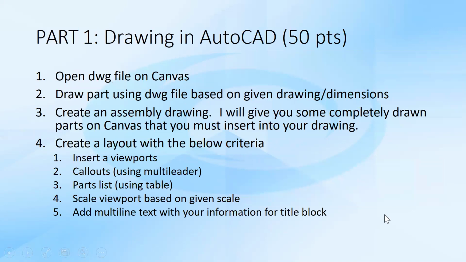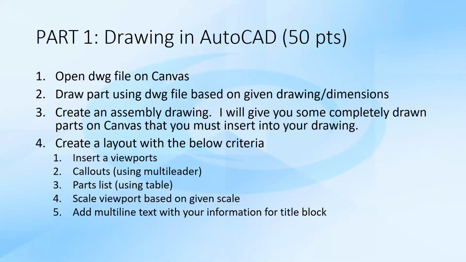Okay. So now we're going to go over both parts of the final exam in more detail. The first step will be to open the DWG file, the startup DWG file we just talked about. Then you are going to see a model tab that's going to have parts already drawn for you. You are going to have to draw one part, okay?